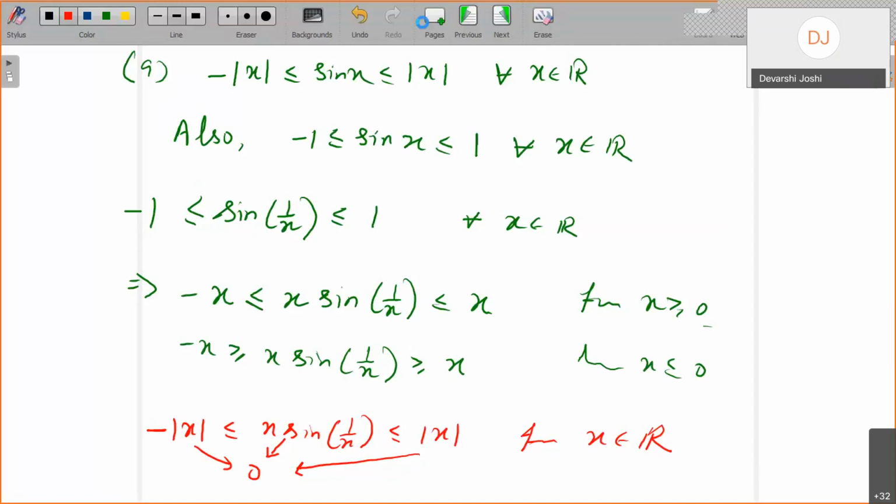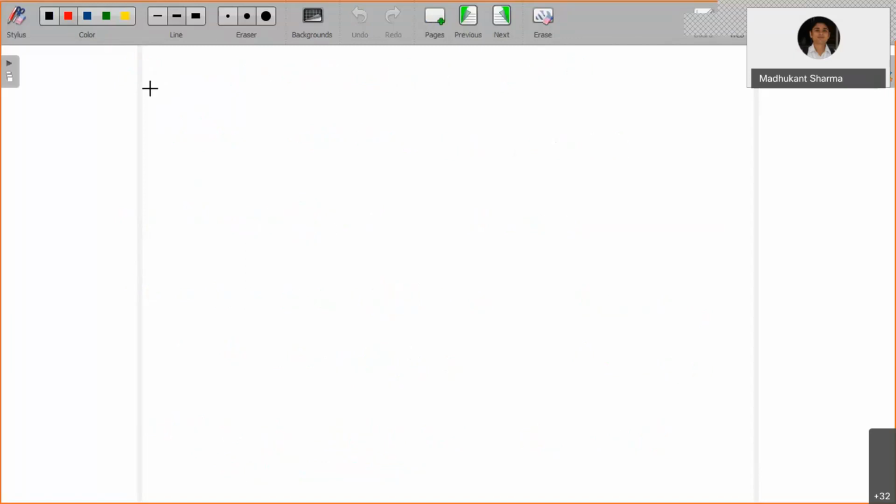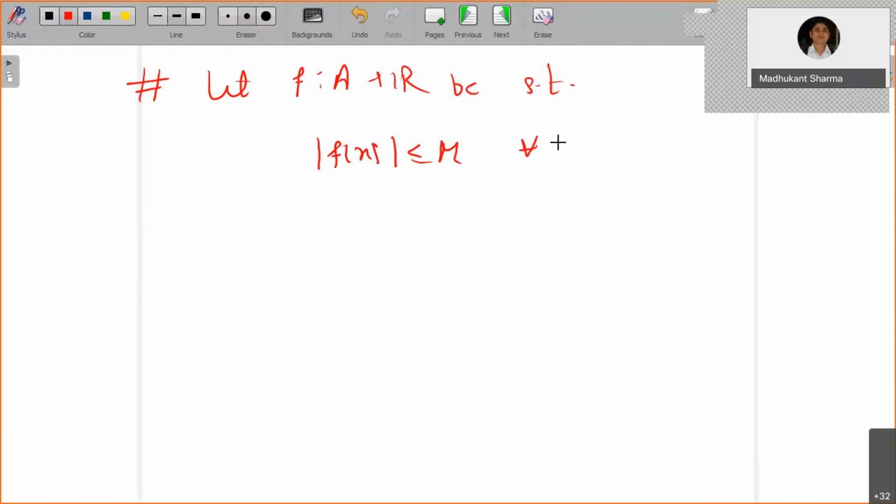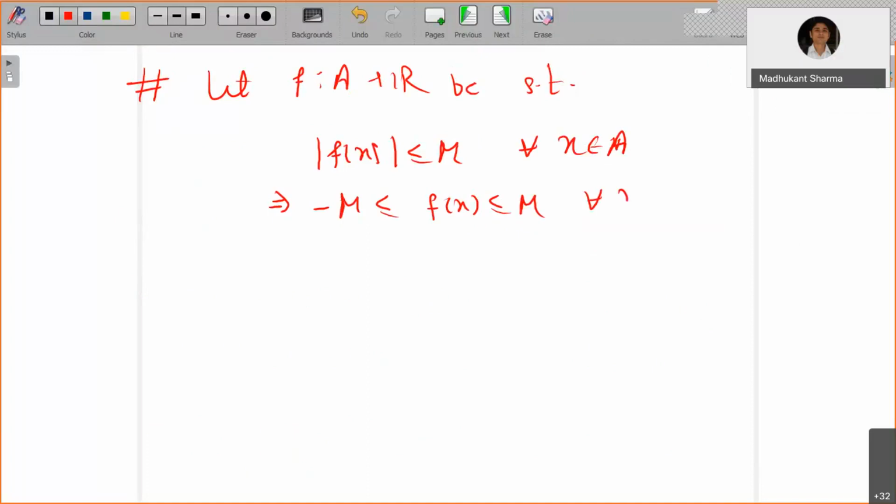Okay. So I'm just going to reference this here. Let f from A to R be such that mod of f of x is less than or equal to capital M for every x in A. Means this is minus M less than or equal to f of x less than or equal to capital M for every x.